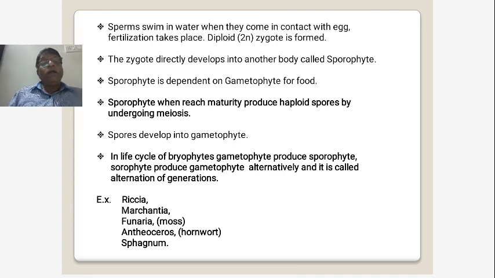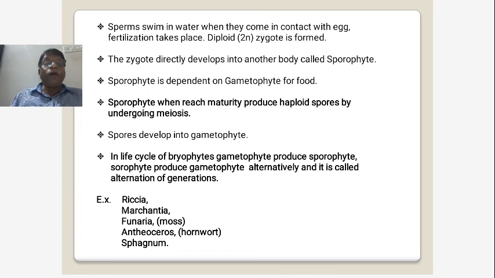Okay? And now we shall see the last character of bryophytes. If we examine the life cycle of a bryophyte, for example, Riccia, a liverwort, Marchantia, a liverwort, Funaria, a leafy gametophyte, Anthoceros, thalloid one. If we examine the life cycle of bryophytes, the gametophyte produces sporophyte.